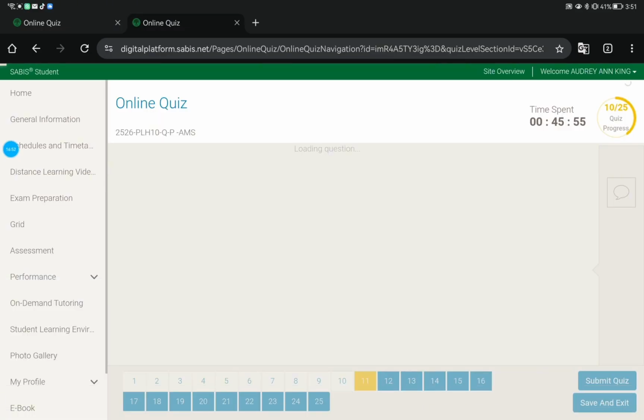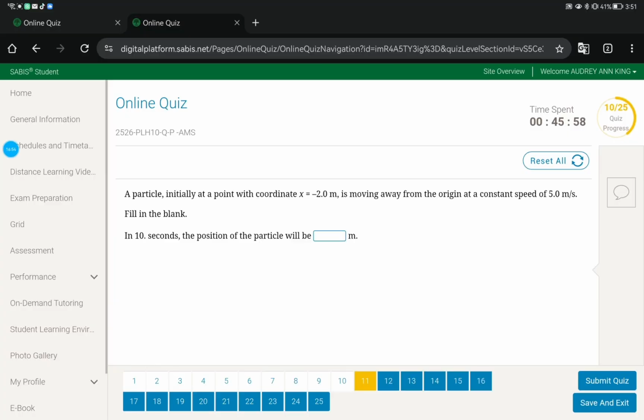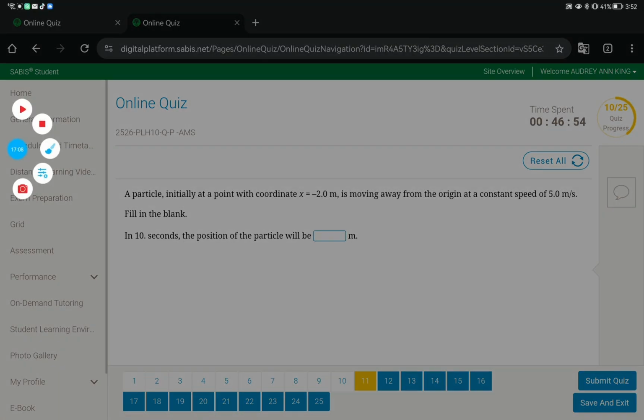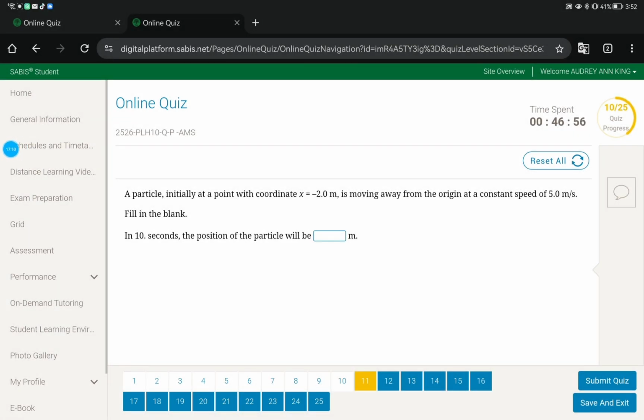Now for the next question. A particle initially at a point with coordinate x equals -2 is moving away from the origin at a constant speed of 5 in 10 seconds. The position of the particle will be. Now for this one, we're using the formula for URM again.